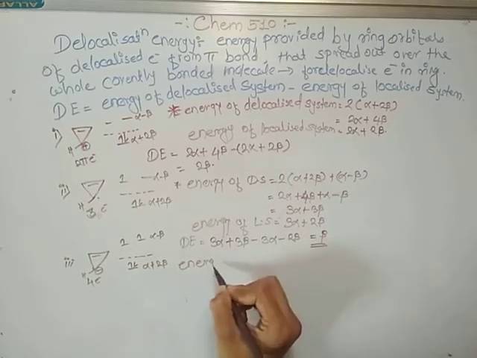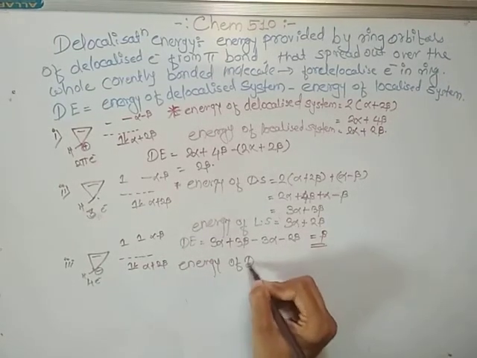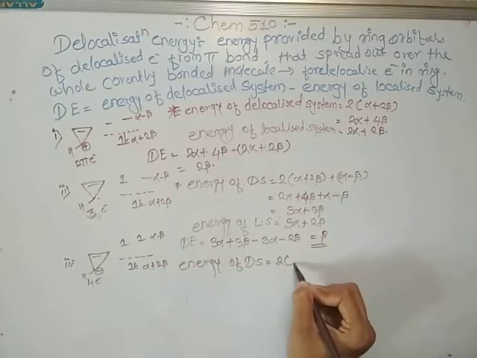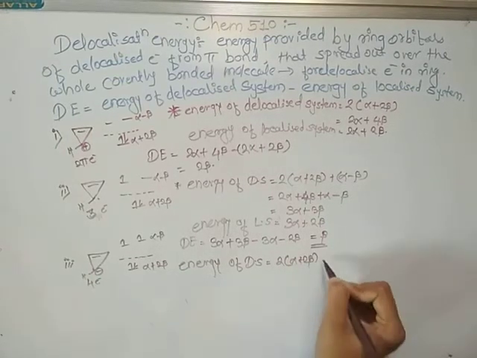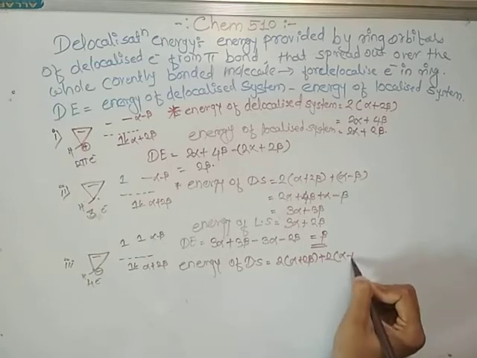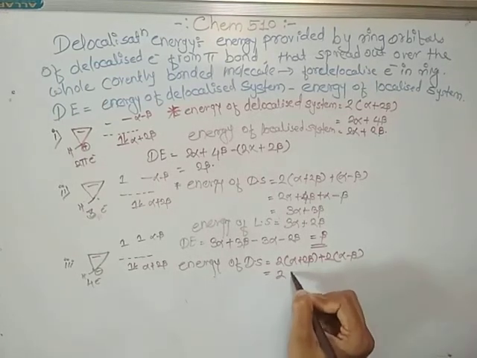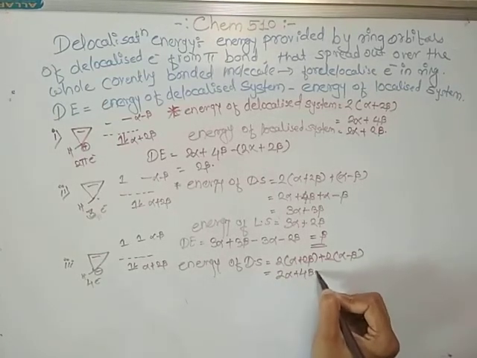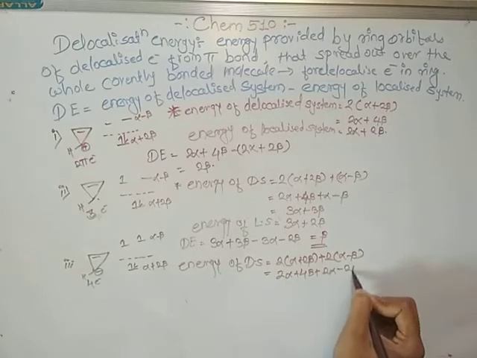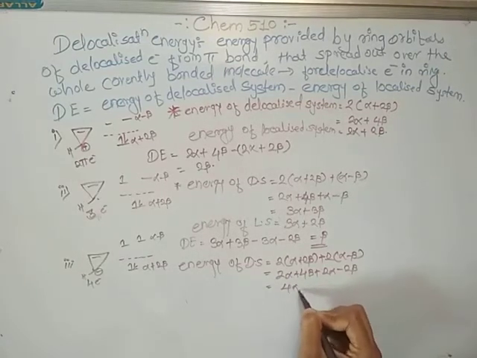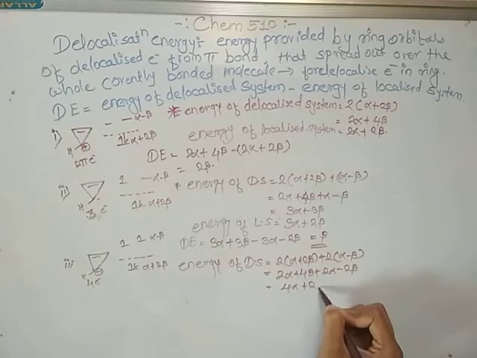Energy of delocalized system is equal to 2 into alpha plus 2 beta plus 2 into alpha minus beta, is equal to 2 alpha plus 4 beta plus 2 alpha minus 2 beta, is 4 alpha plus 2 beta.